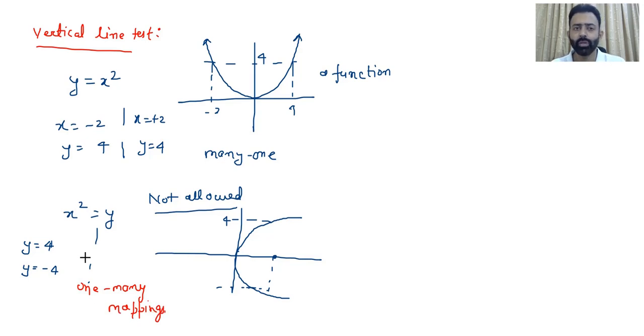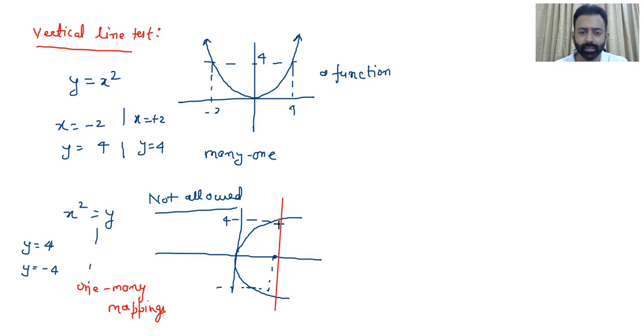So how will we test whether the given graph is a function or not? In order to identify this, we have the vertical line test. Any graph is given to you, what you do is you sketch a vertical line.